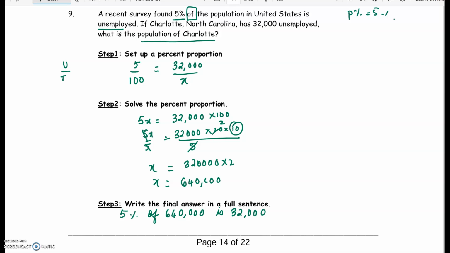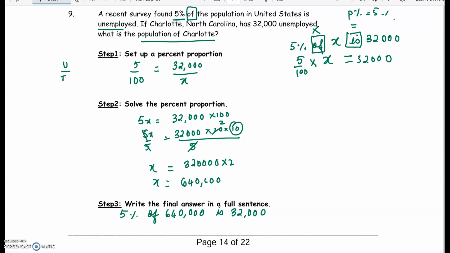Now if we had to set up a percent equation, 5% of this unknown total number of people in Charlotte, North Carolina is 32,000. So 5 over 100 of the unknown quantity x is equal to 32,000.